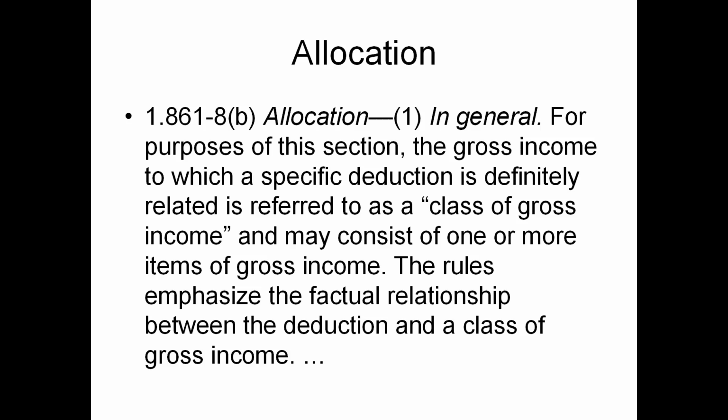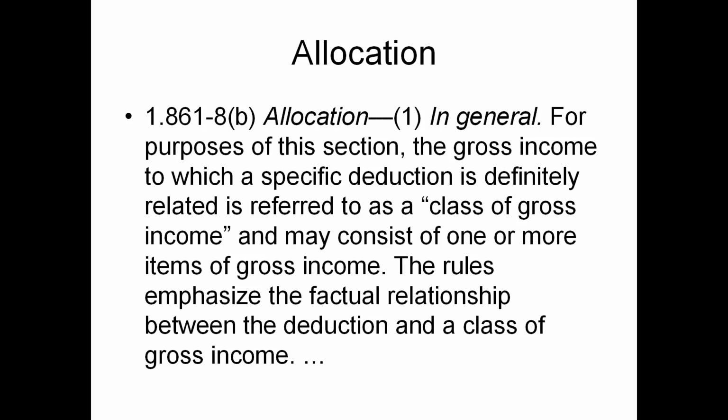Where a deduction is incurred as a result of or incident to an activity or in connection with property, which activity or property generates, has generated, or could reasonably be expected to generate gross income, such deduction shall be considered definitely related to such gross income as a class.